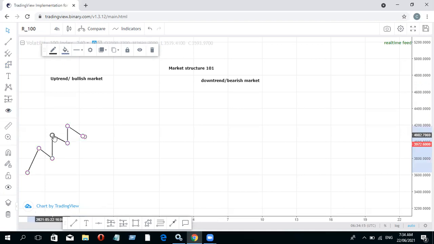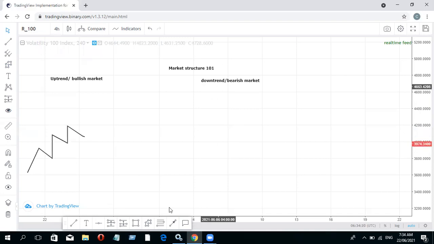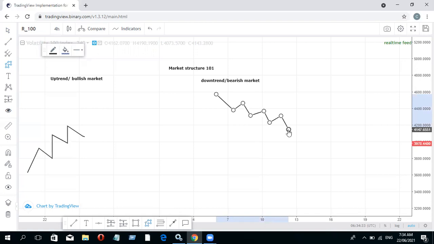Then in a downtrending market, you see the market doing stuff like this. This is it for a downtrending market. Now in this structure, this is what you call the structure of the market. This is a downtrending market.